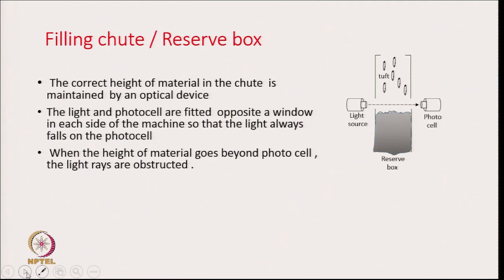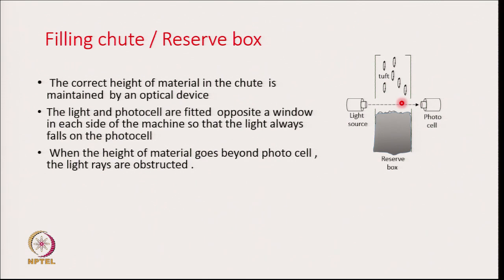So, in a reserve box on a filling chute, what we do is maintain a correct height of material in the chute, that is our objective, and we have an optical device. There is a light source on the left hand side and a photocell on the right hand side.